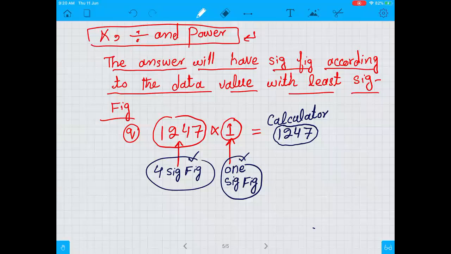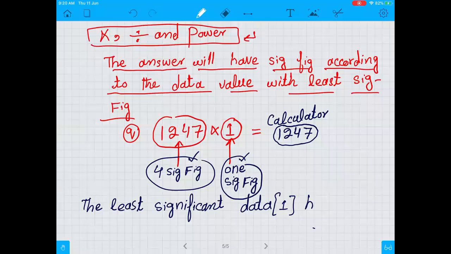So we can say that the least significant data, that is 1, has only one significant figure.